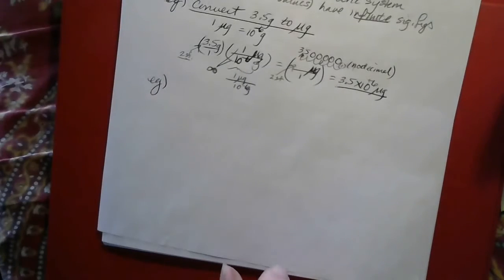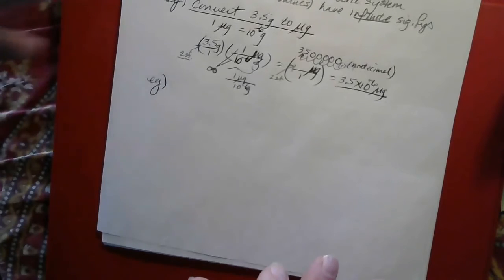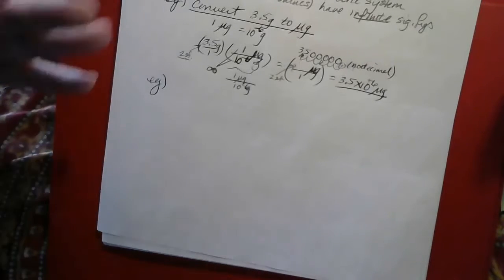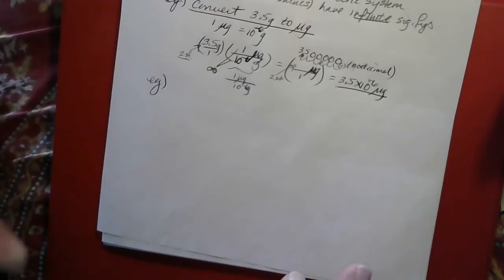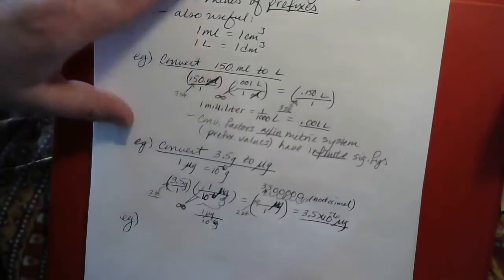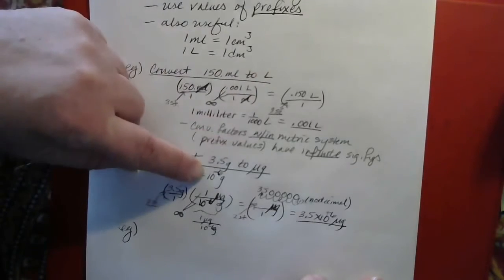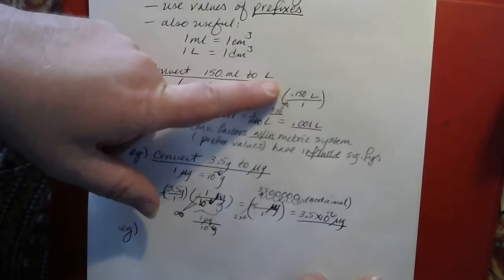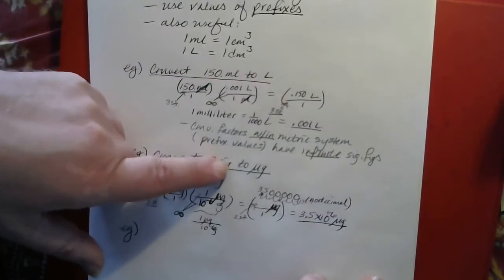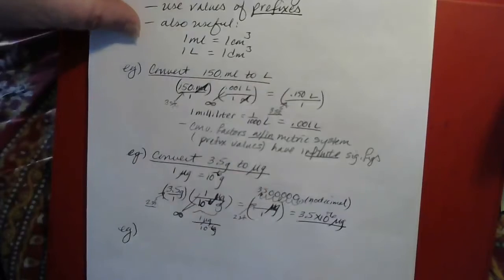All right. There are also cases where you will have to convert from one metric unit to another metric unit when both of them have prefixes. In both of these previous examples, one of the measurements had a prefix and the other one was a base unit. So we went from milliliters with a prefix to liters, the base unit here, and we went from grams, the base unit, to micrograms with a prefix here.